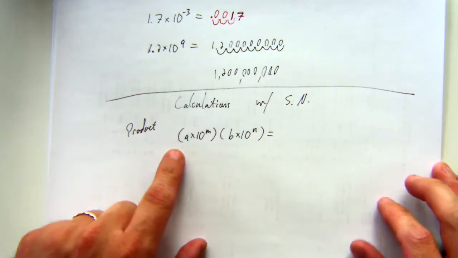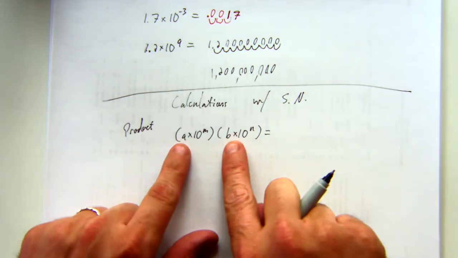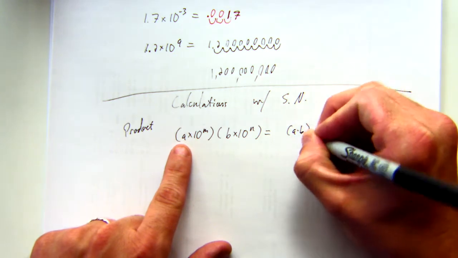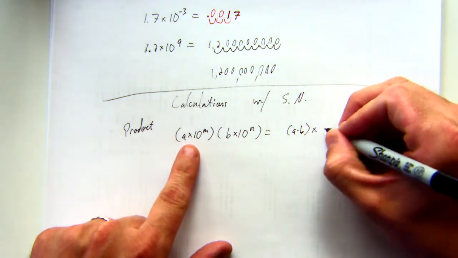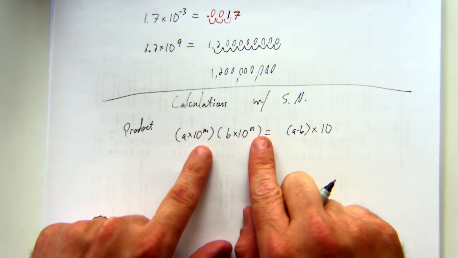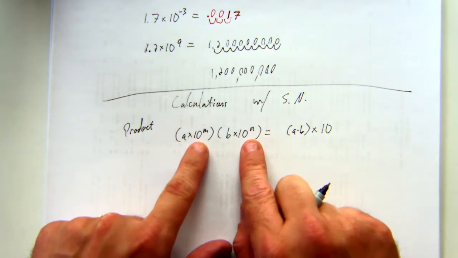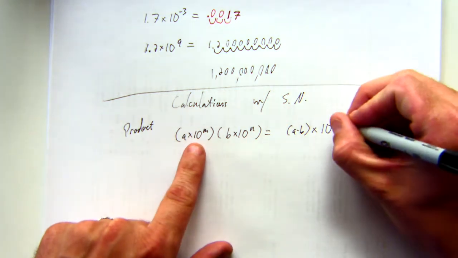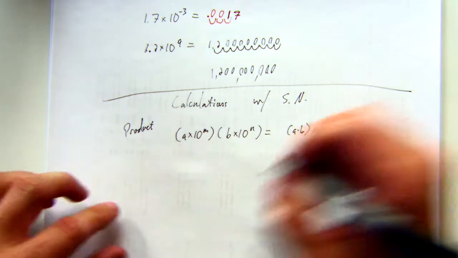Well, they're not hard. All you do is multiply the first numbers. So this is going to be a times b, and this is going to be times 10. Now what do you think I do with these exponents? What's our rule? If I'm multiplying things with the same base, what do I do with the exponents? Add them. Times 10 to the m plus n.